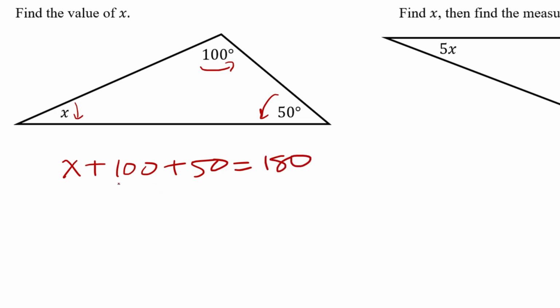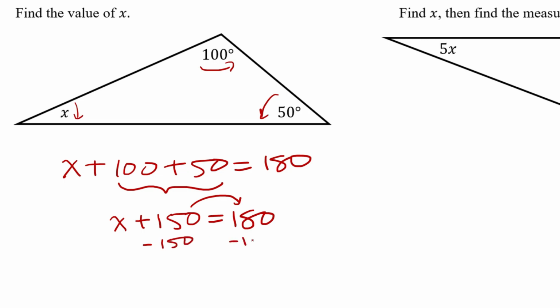Doing my algebra, I can combine like terms on the left side, and 100 plus 50 is 150, and I get x plus 150 equals 180. How can I move this number away from the other number, which are like terms? I can subtract 150. You guys know the rest. This stuff should be cake to you already. And I get that x equals 230. And so that's the value of x.